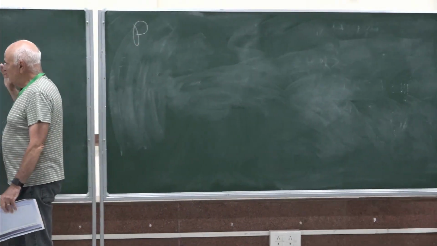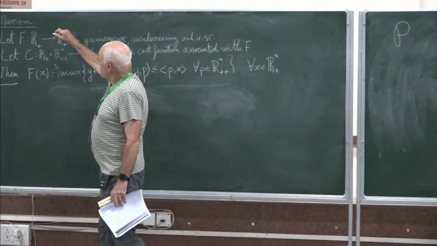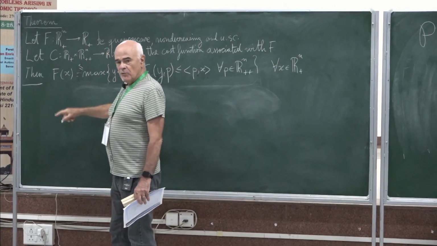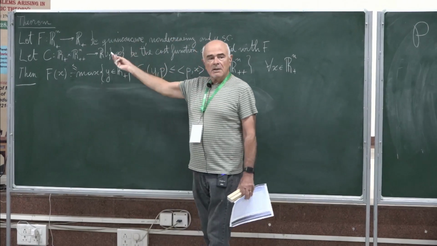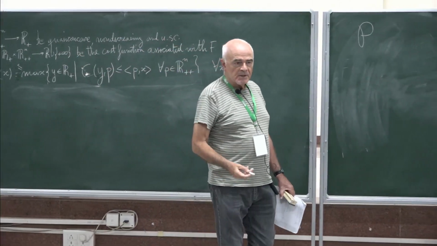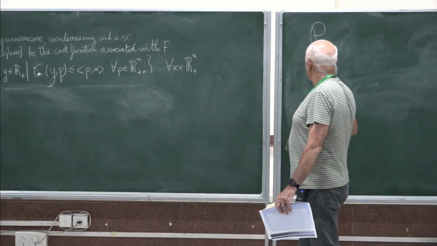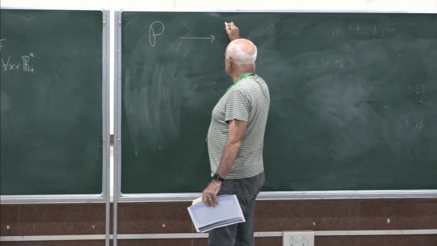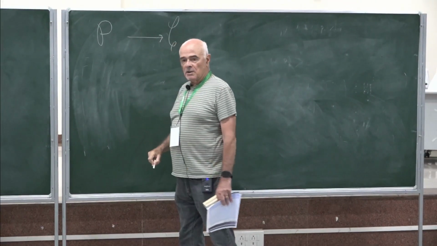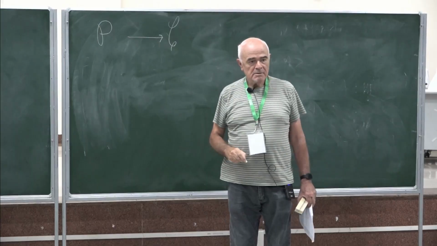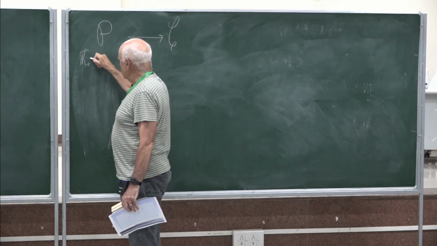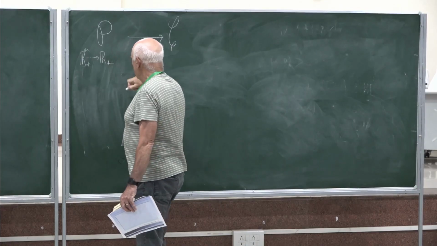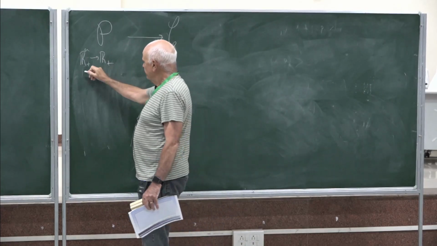By this I mean functions from R plus to the N into R plus that are quasi-concave, non-decreasing, and upper semi-continuous. And the set I'm going to call calligraphic C. I mean, this, I insist, are functions from R plus to the N into R plus and are regular.